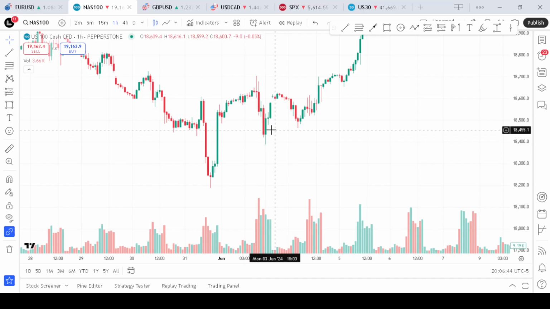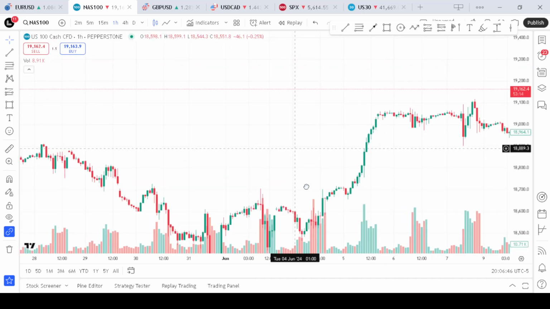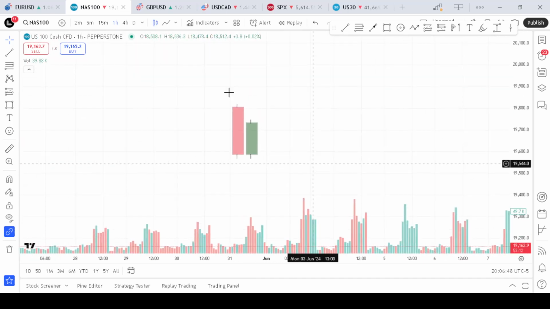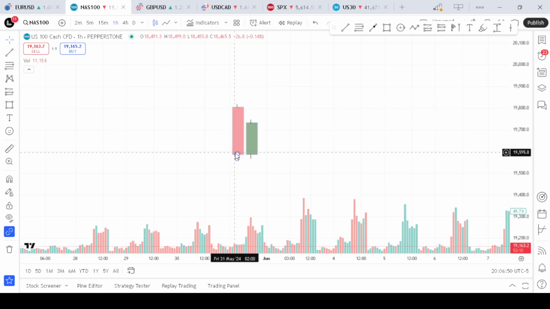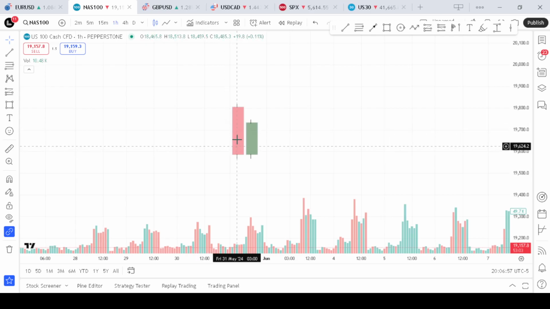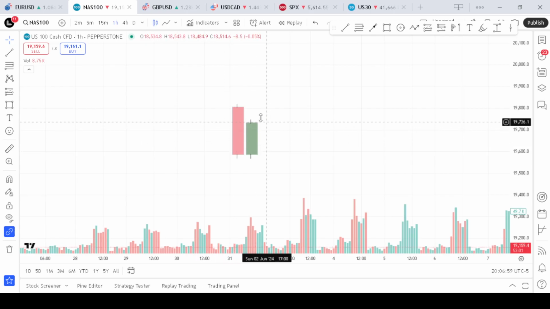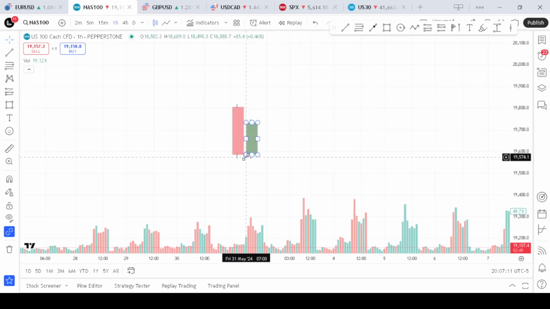This pattern begins with a strong bearish candle, followed by a second candle that opens lower but manages to close above the midpoint of the first candle. It closes above the midpoint of this first bearish candle we can see here. This formation suggests that sellers are losing momentum and buyers are stepping in to push price higher.